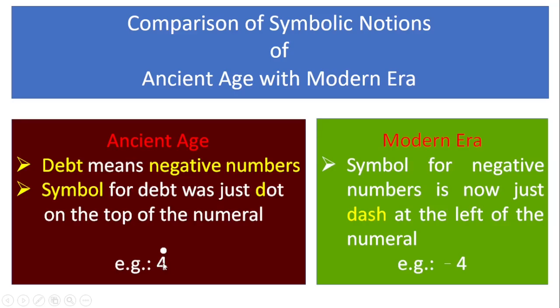A dot was put on the top of the number to show that the number was negative, whereas nowadays we show the negative number by putting a dash symbol on the left side of the number.